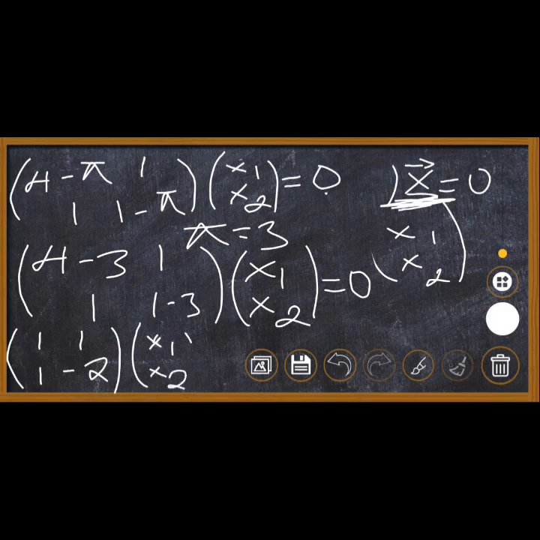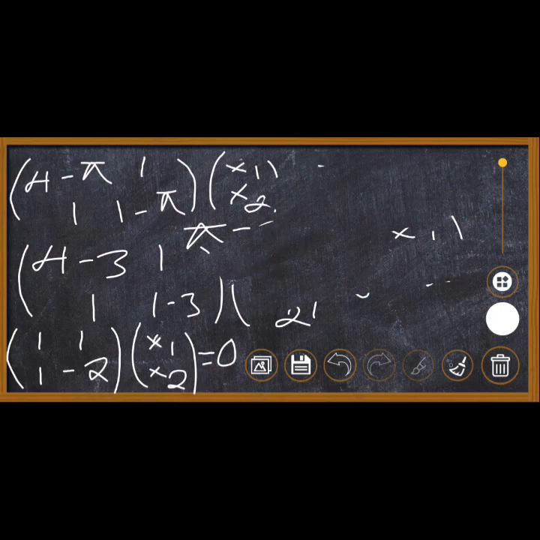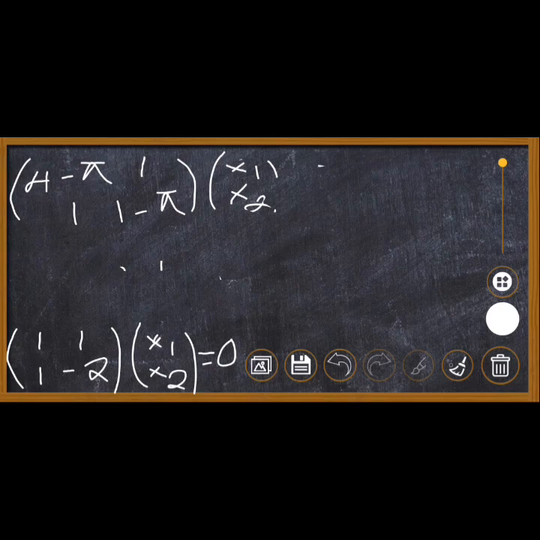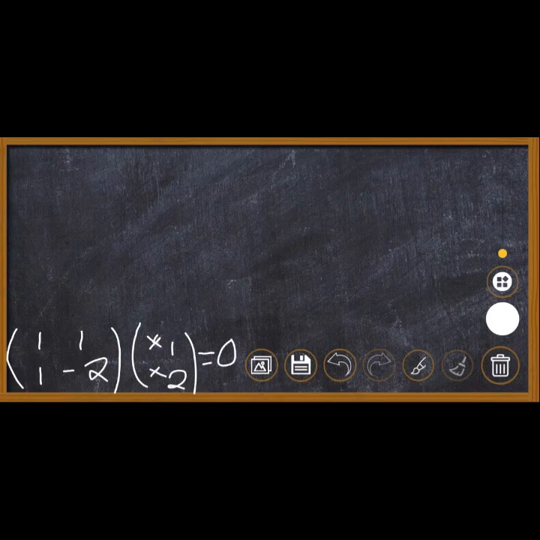Remember, our main aim is to find the value of x1 and x2. When we find these values, those values are the eigenvectors. So let's create space on top so that we can see how this works out. Hopefully you are also following. Now we have this as our vector.